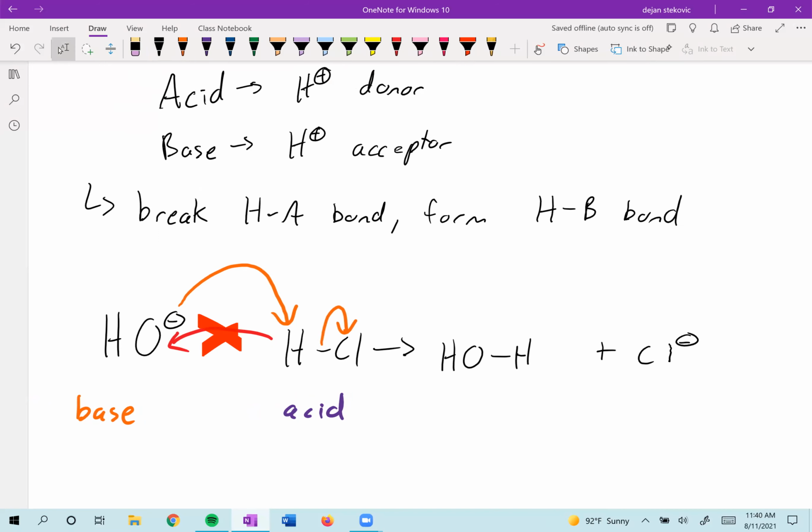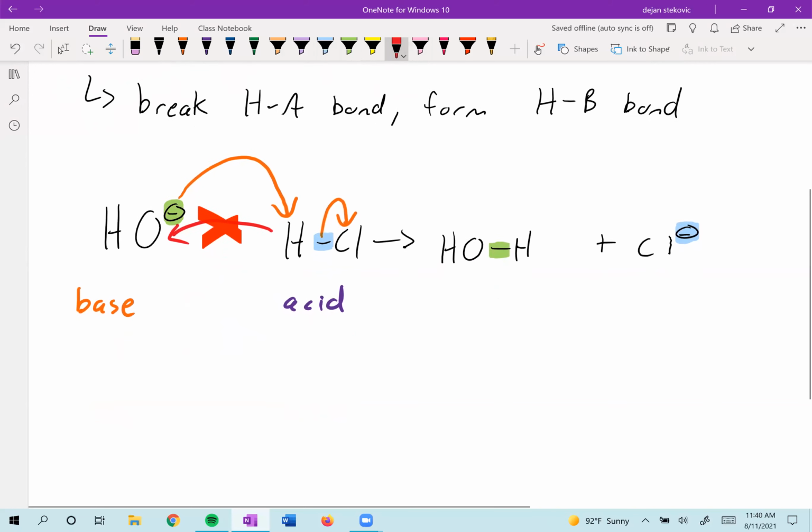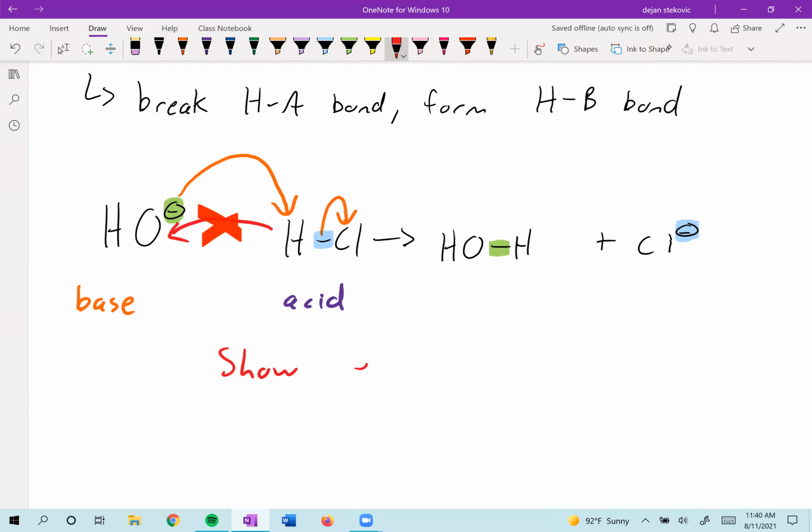And think about where these electrons came from. This oxygen-hydrogen bond, the electrons came from this oxygen. And then this chloride got an extra pair of electrons from the bond. So the main thing here is that you want to show electron flow, not the flow of an H+.